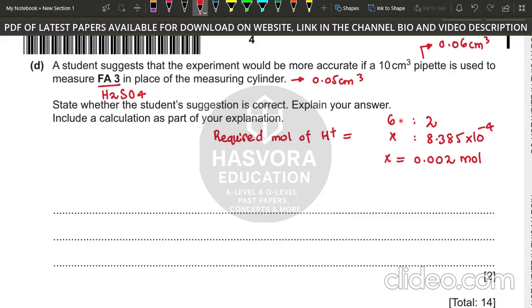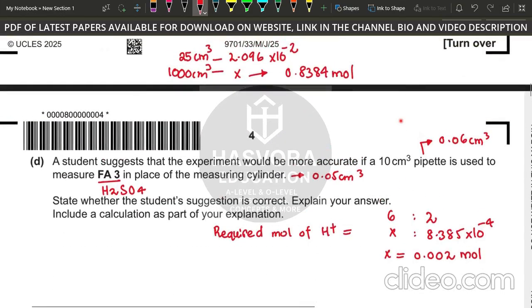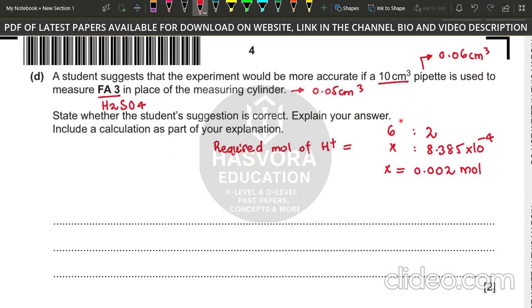Now let's see how much H+ ions they provided us, okay. So we are taking 10 cm³. You must remember that we took 10 cm³ of the FA3 into the conical flask, and then we also added the KMnO4, okay.